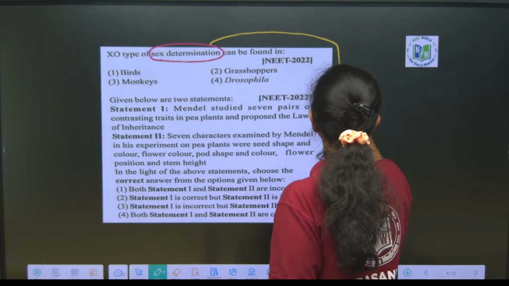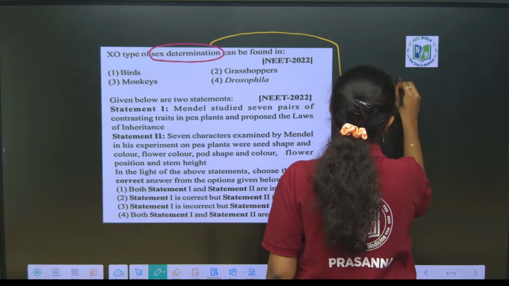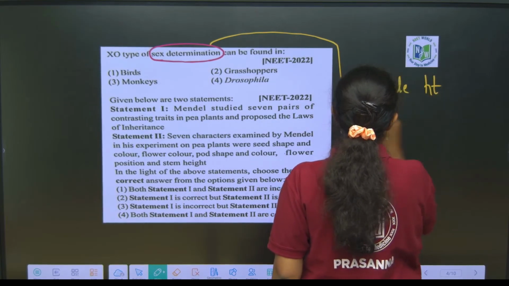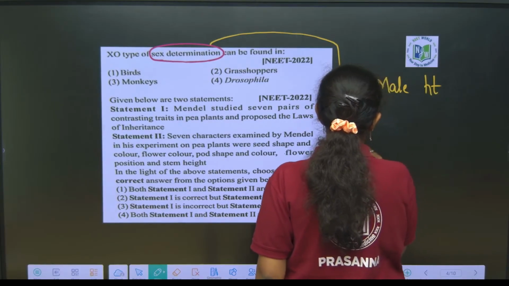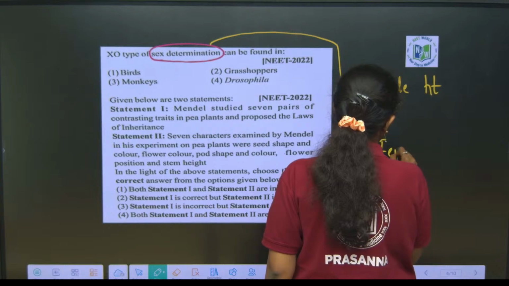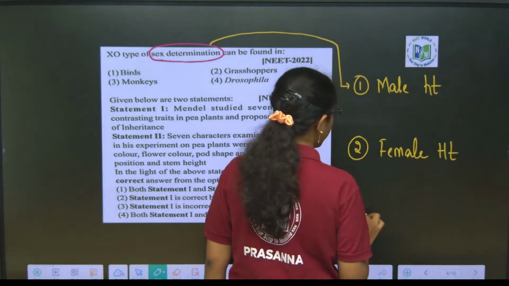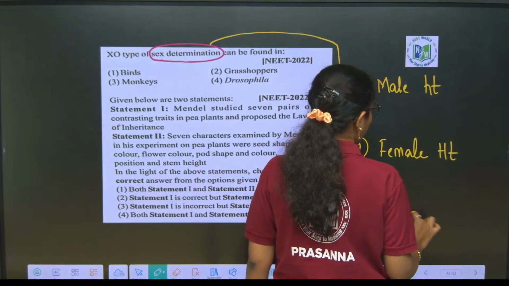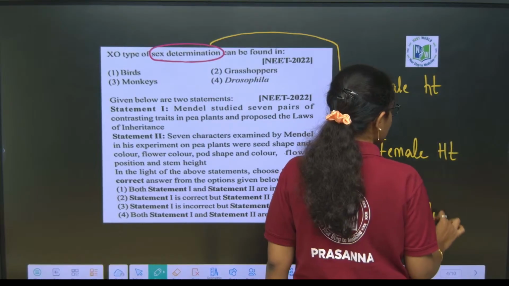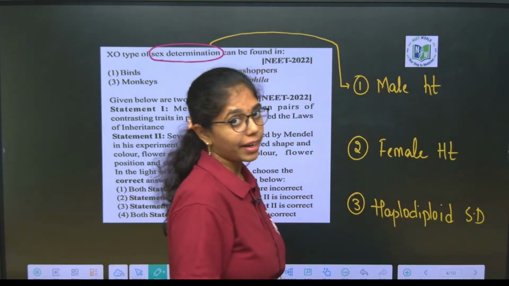One is male heterogamety, second is female heterogamety, and third is haplodiploid mode of sex determination.